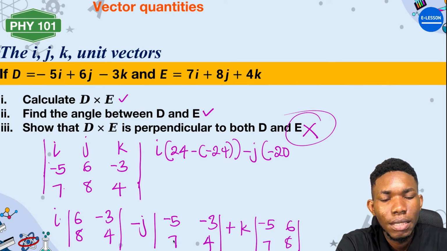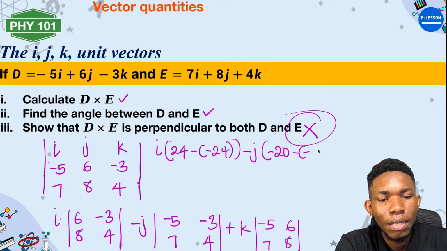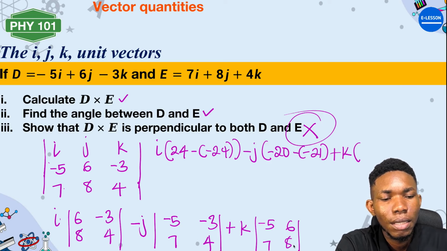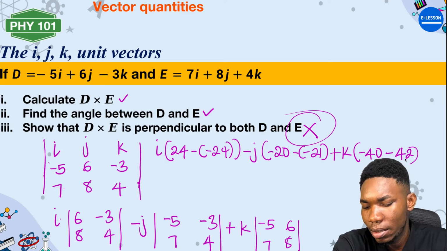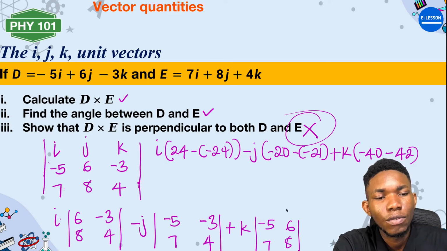Are you getting it? 7 times minus 3 will give us minus bracket minus 21 plus k bracket 8 times minus 5 will give us minus 40. 7 times 6 will give us minus 42.